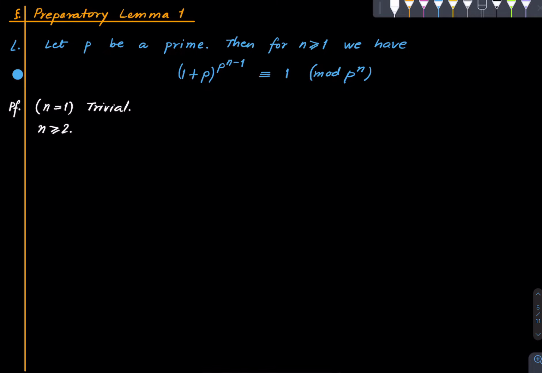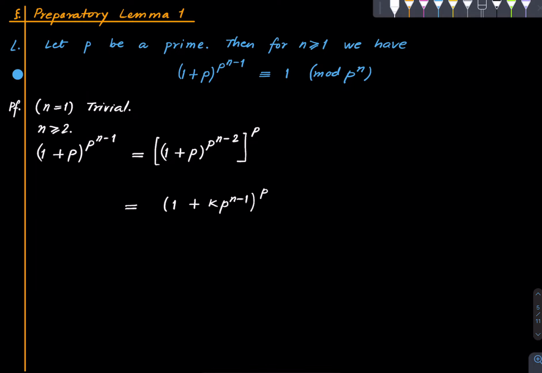And now what we have is (1 plus p) to the power p to the n minus 1, which is equal to (1 plus p to the n minus 2) to the power p, and that is equal to, and this I need to explain, but let me write it, (1 plus kp to the n minus 1) to the power p for some k.